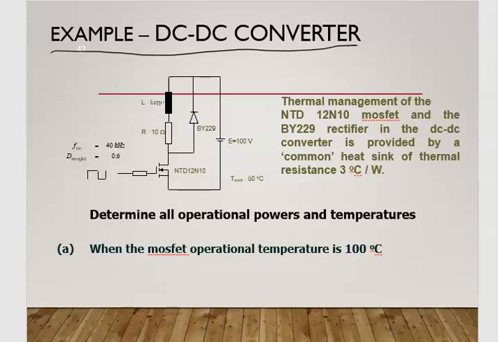Okay, now we have a DC-DC converter. Even though for the time being you have not yet come across the design of a DC-DC converter, because this is the syllabus per previous semester, whereby we learn about the converter first, then only we go into thermal consideration.